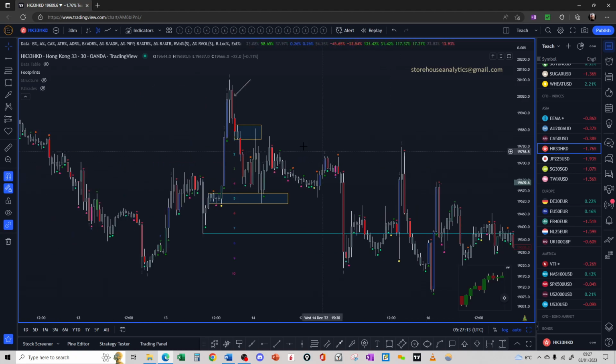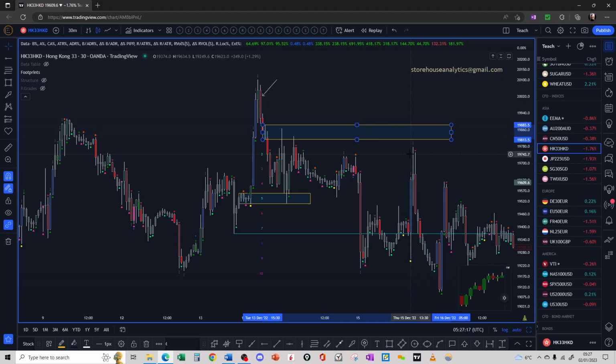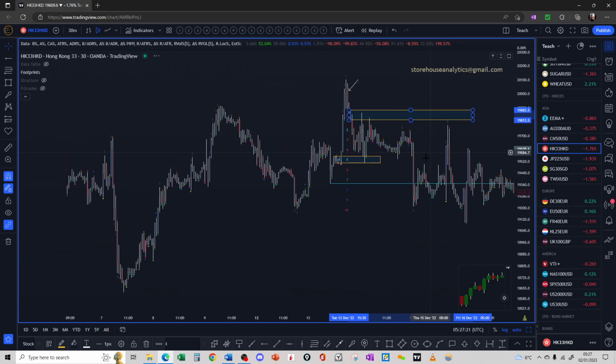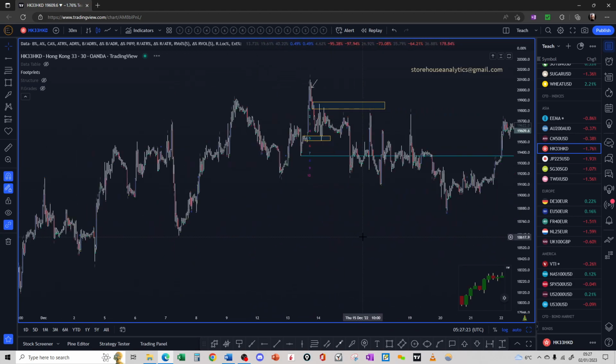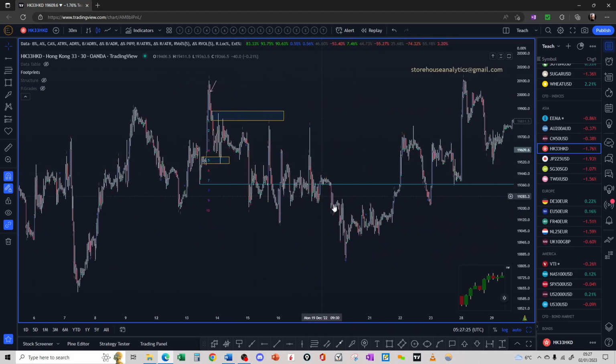Okay. So that zone looks like it worked. And then you're thinking, oh man, I didn't take the zone. And now look at what it's done. And imagine this has happened in the context of you not having had a winning trade for a week or two. And then you scored this zone and for whatever reason, either you didn't take it or you took it with not so max size.